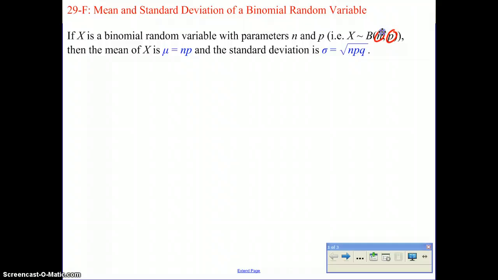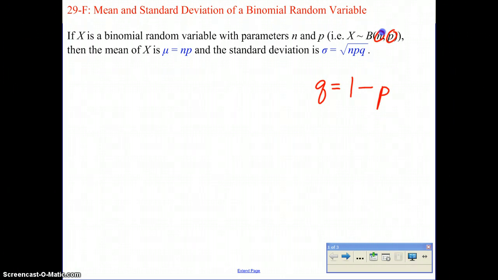That's your expected amount. And the standard deviation, sigma, is equal to the square root of n times p times q. And just remember that q is really just equal to 1 minus p.